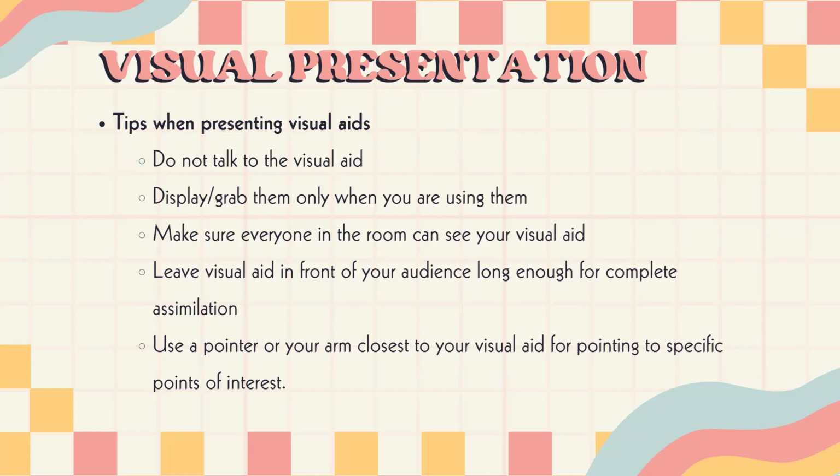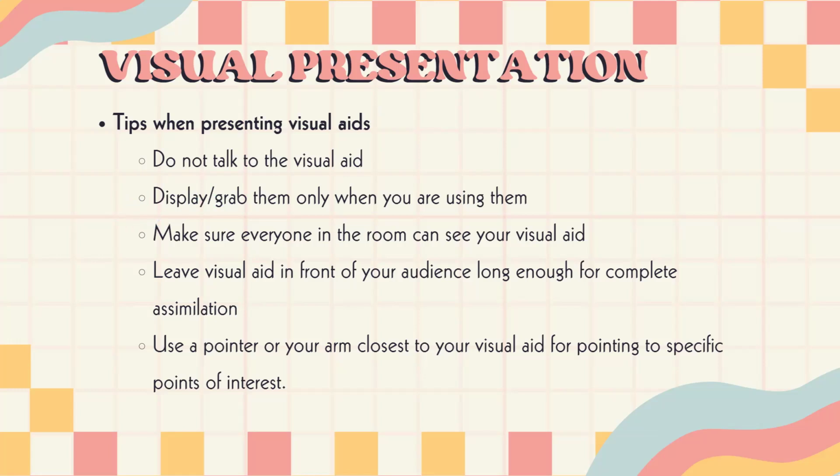But anyways, don't talk to the visual aid. Make that eye contact with your audience constantly. Next, display or grab them only when you are using them. So if I'm on step one, I'm grabbing the item for step one.